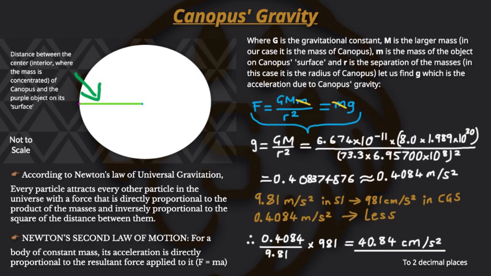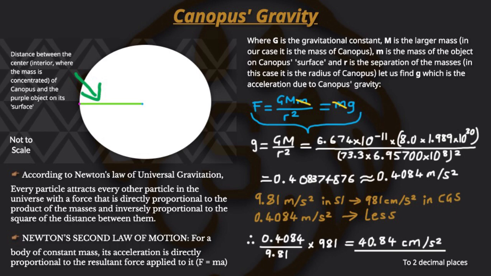And then we have the CGS, which is the centimeter, gram, and second system of units. That's another type of system that is used alternative to the SI units. So you can see it's in centimeters, but the standard will be in meters. The second one is in both cases standard, so that's not really new. And then we are going to see that our value is going to be less.